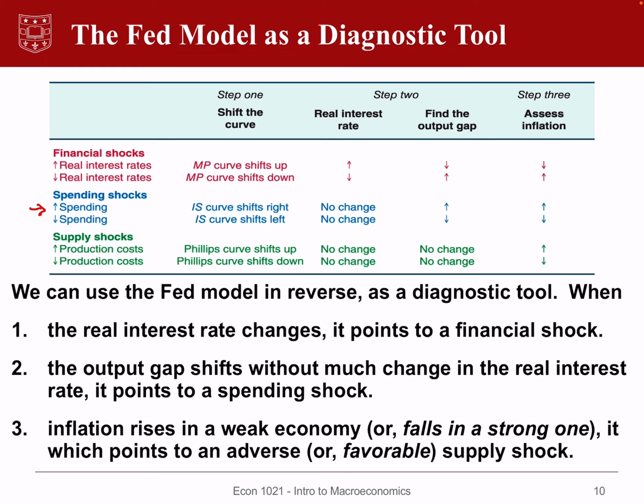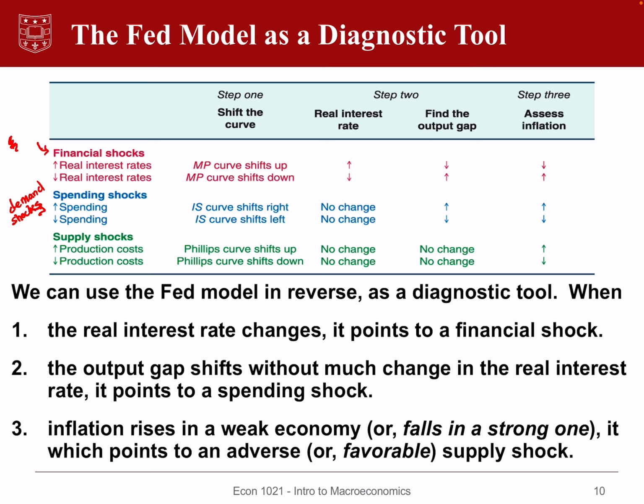And finally, if we have a shock in the macroeconomy that's only on the supply side, then we see just the Phillips curve shifting around. So these are demand shocks, broadly defined, both financial and spending shocks, but we'll think about this as financial shocks, as it says.